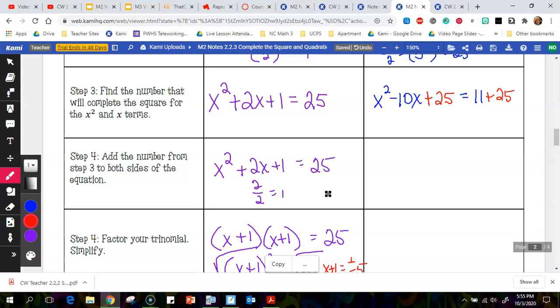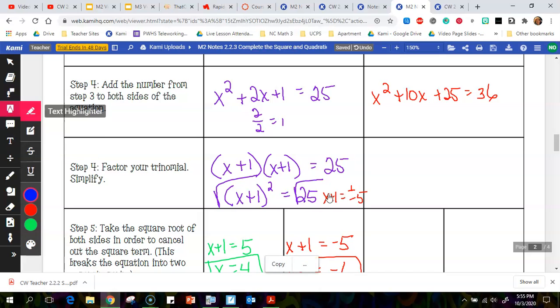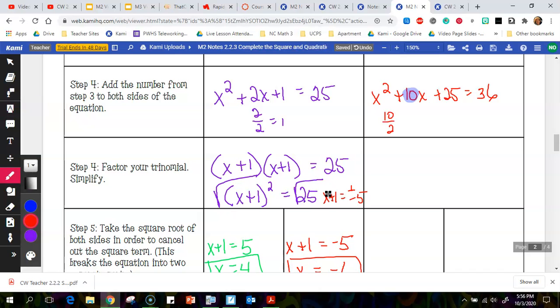Okay, so that means x squared minus 10x plus 25 equals, that's going to be 36. So on the left side, still working with just the left side, we're going to divide that 10 by 2 again. Wait, did that start out plus 10?